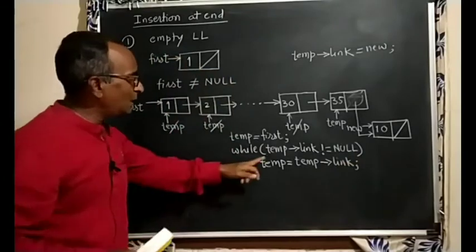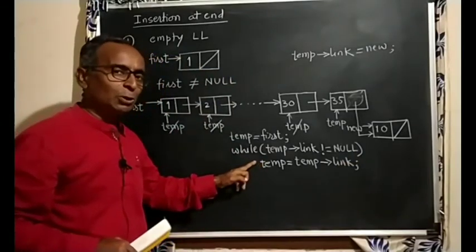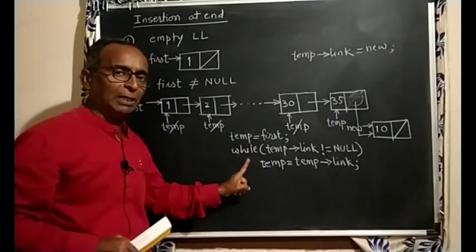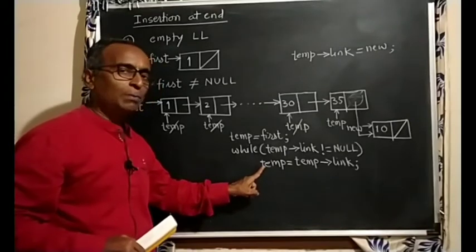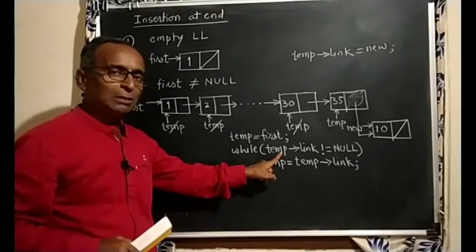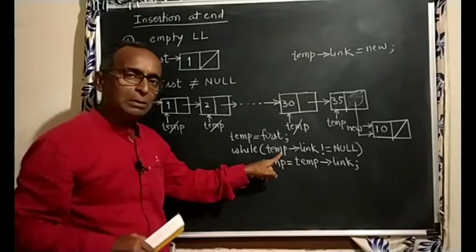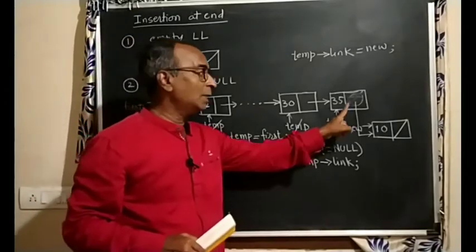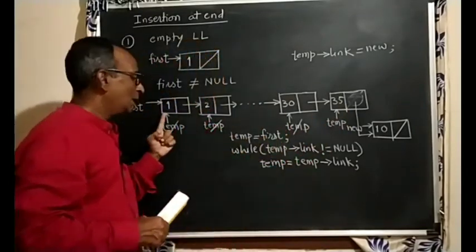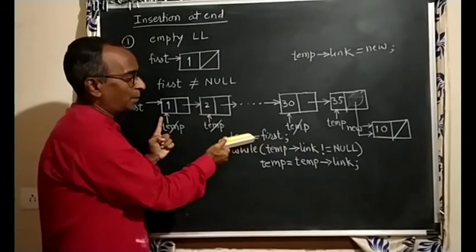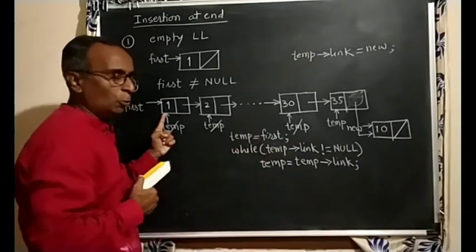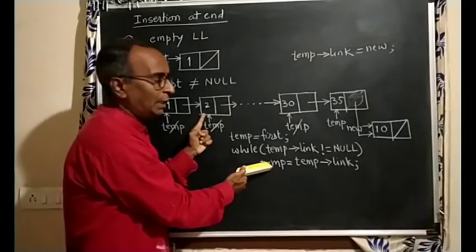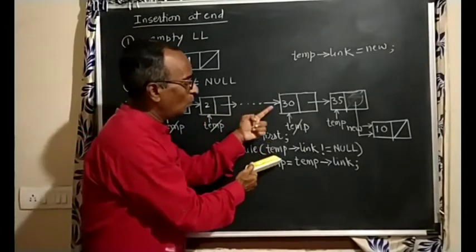Now when will this movement stop? I have only one statement in the while loop. It stops when this condition is false. When will this condition be false? When temp's link is equal to null. It will come here first. Temp's link null? No. Move. Temp's link null? No. Move.